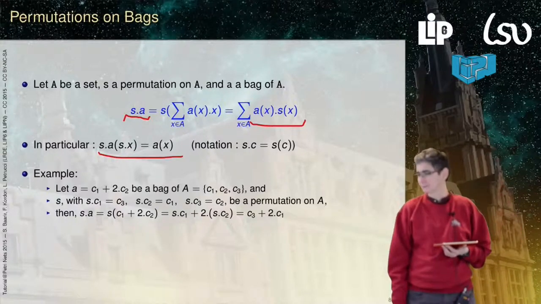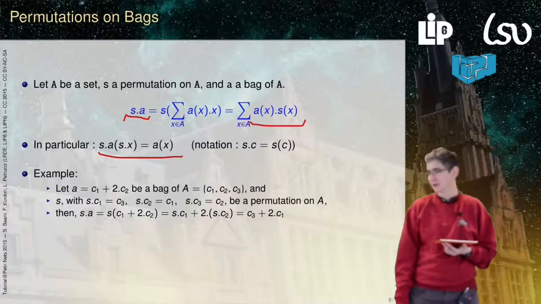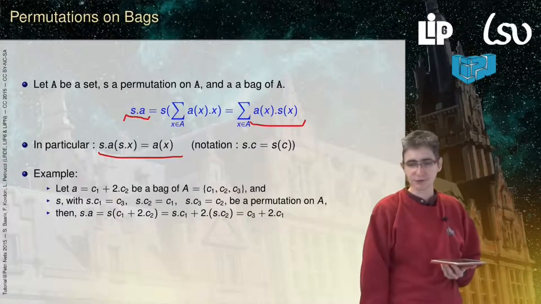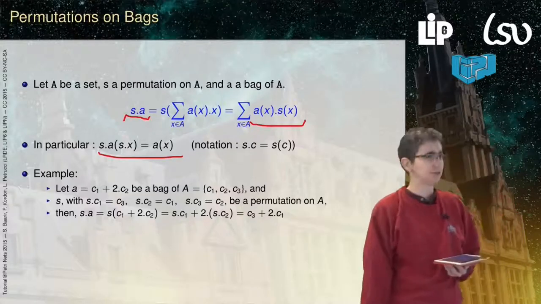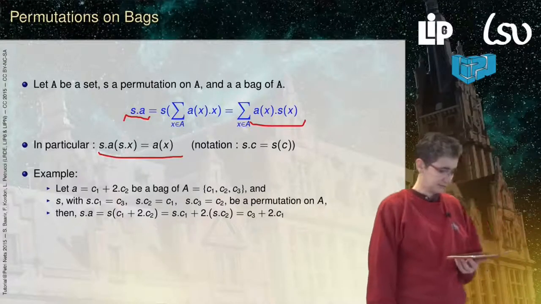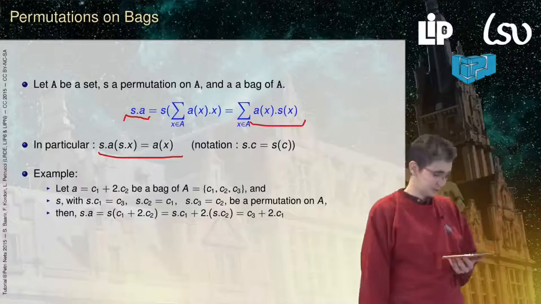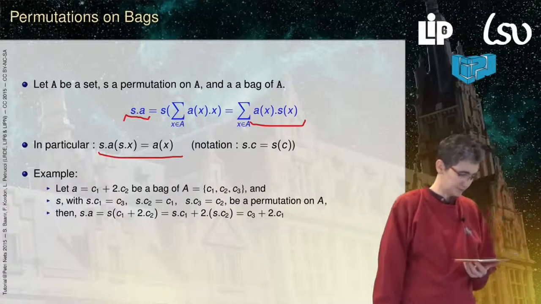And here we have an example. So let's take a bag C1 plus 2 C2 on the set C1, C2, C3. Let's take a permutation S such that C1 becomes C3, C2 becomes C1, and C3 becomes C2.